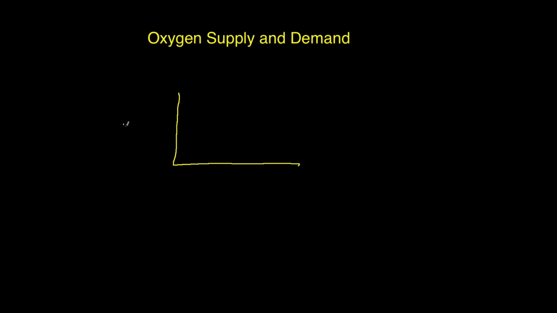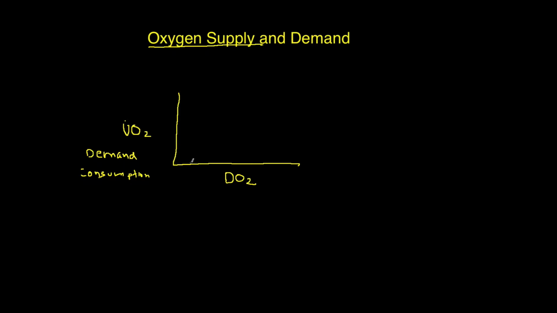And on this axis, we will place VO2, which is demand, and also consumption. On this axis, we will place DO2, which is oxygen delivery, which is the same as the amount that's being supplied.